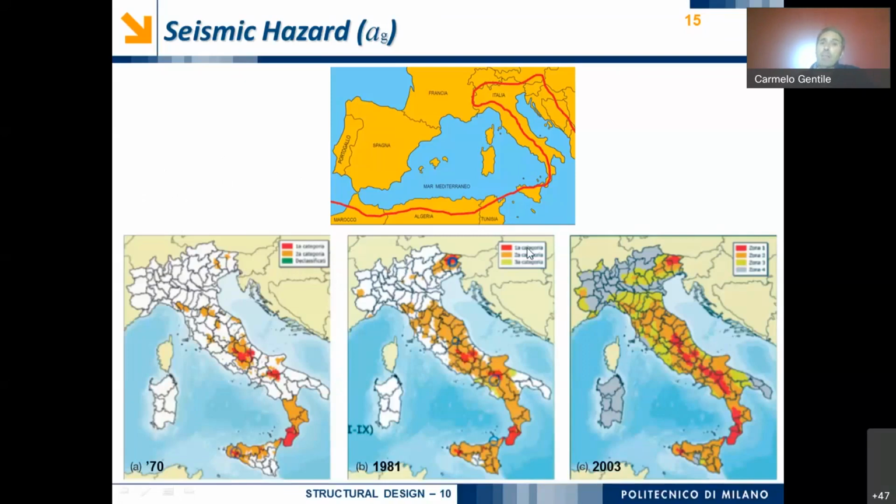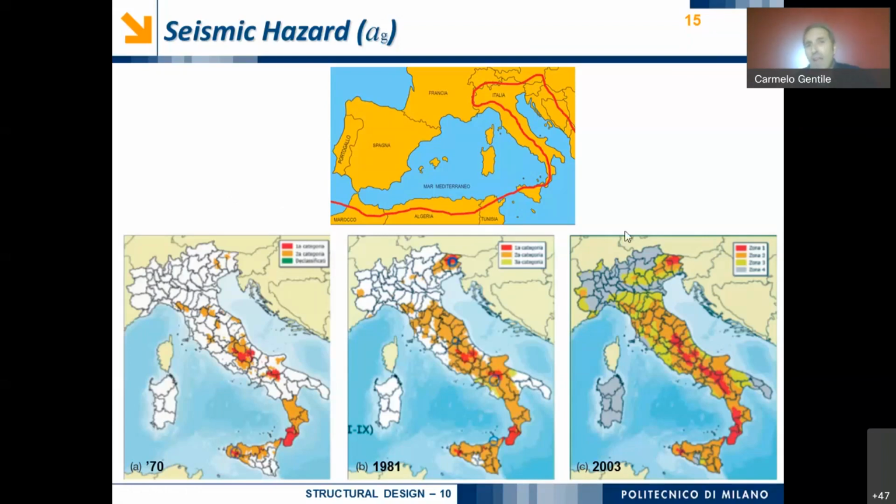Okay, basically, the mechanism generating an earthquake is usually referred to the presence of some active faults.